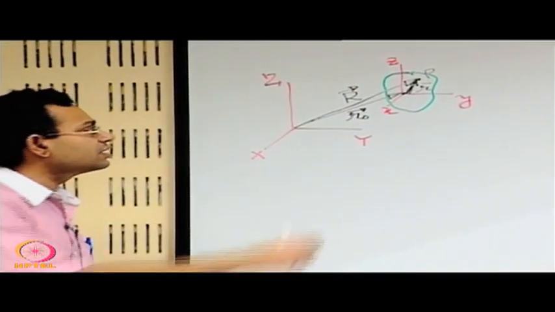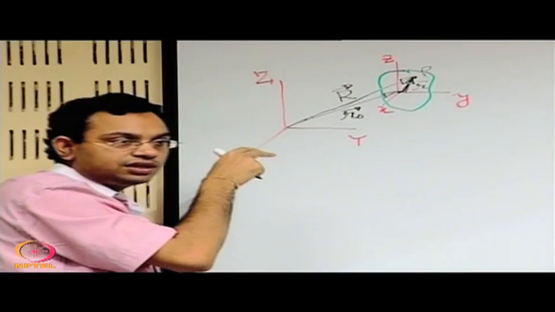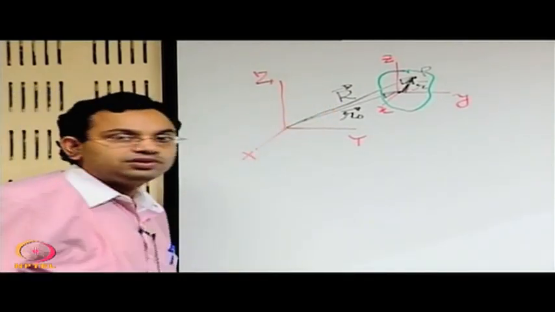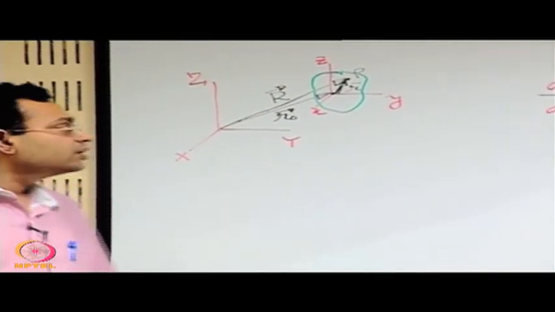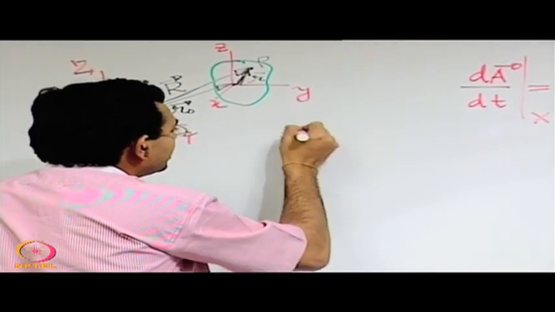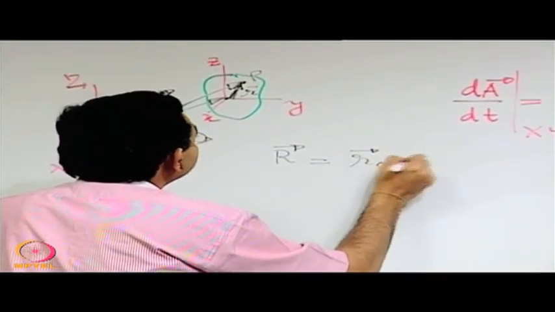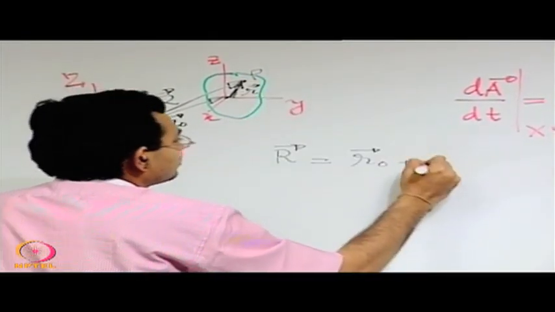So, capital R is the position vector of the same point P relative to the capital XYZ origin and small r is with respect to the small xyz origin. So, directly from vector addition we can write capital R is equal to R naught plus small r.